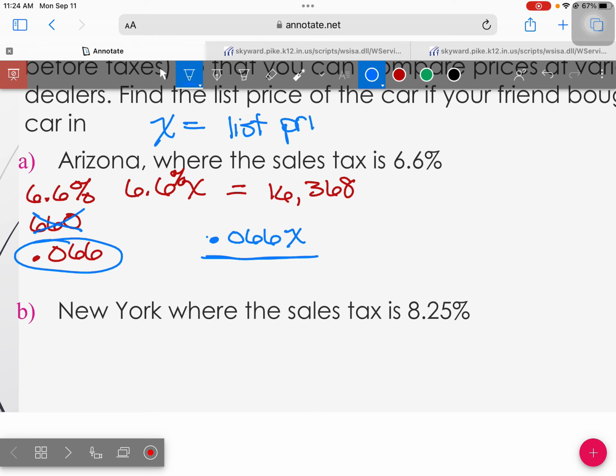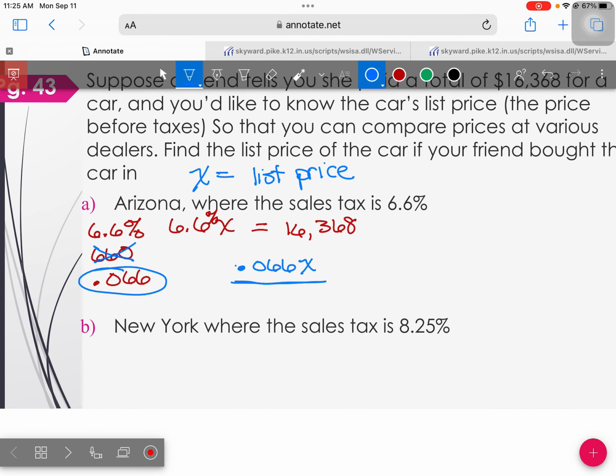X is going to be the list price of the car. Very good. And what is this 0.066 times x? It's the sales tax multiplied by the list price, the sales tax percent. So that expression is the sales tax.